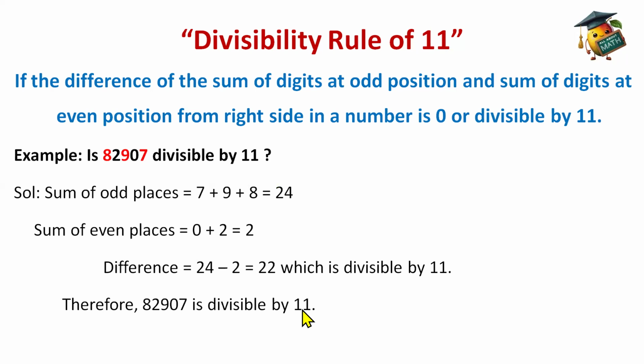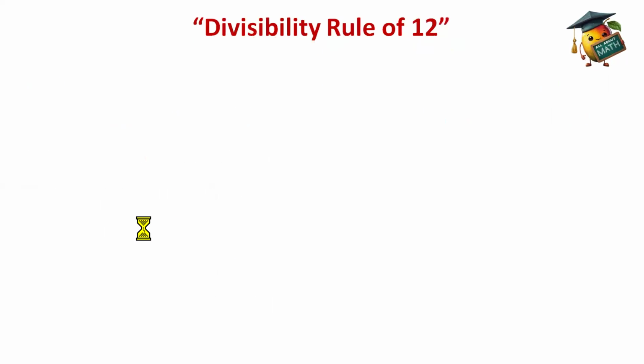You just need the sum of odd places, the sum of even places, and then find the difference. You will get the divisibility rule of 11 easily. If you get, say, 21 here, which does not come in the table of 11, then it will not be divisible by 11.